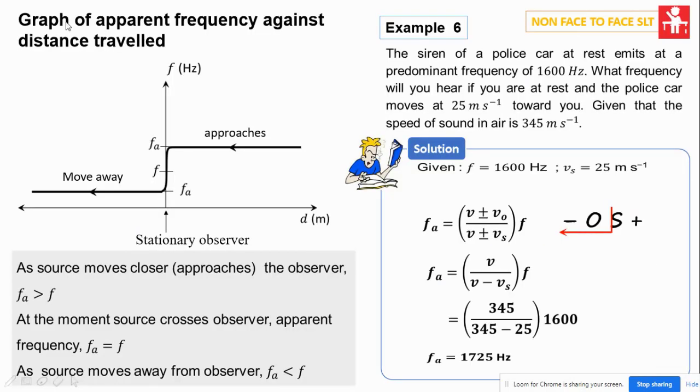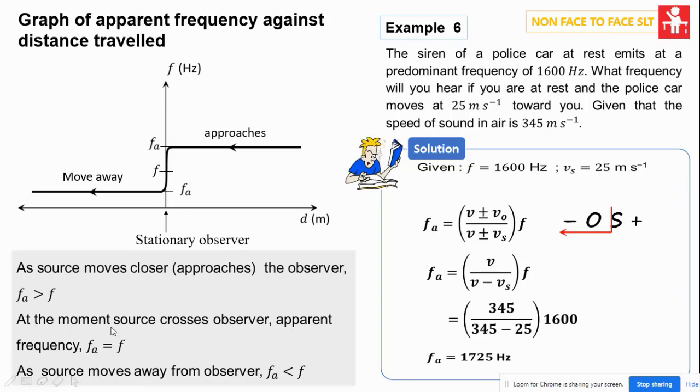This is a graph showing the apparent frequency against distance traveled. Basically, we have f for the actual frequency and fa for the apparent frequency. As the source moves closer or approaches the observer, we have fa greater than the actual frequency, meaning a higher value than f. This arrowhead shows it approaches the observer.